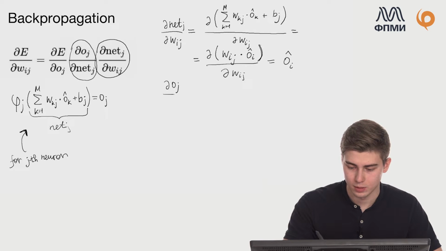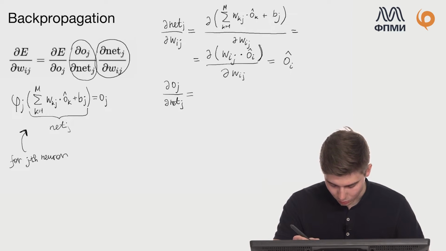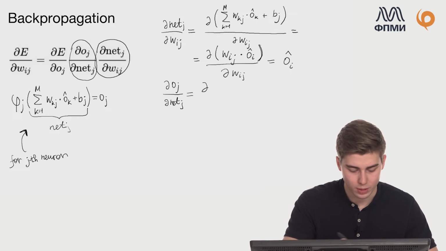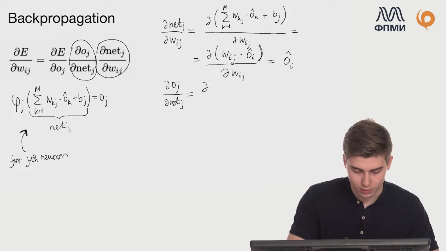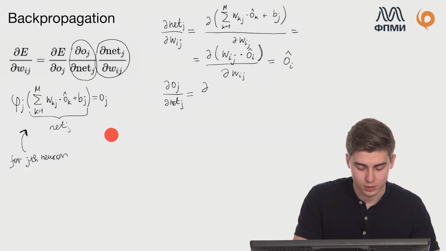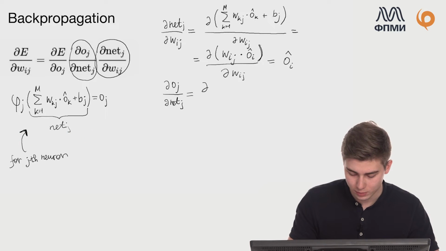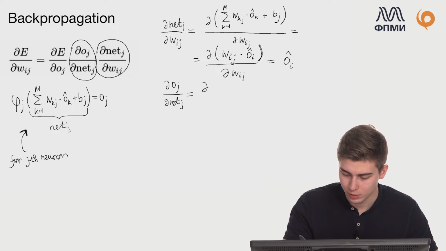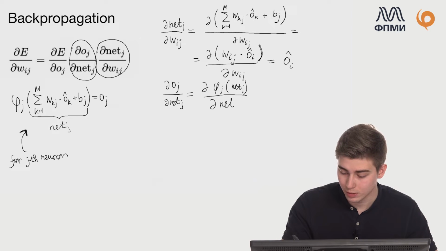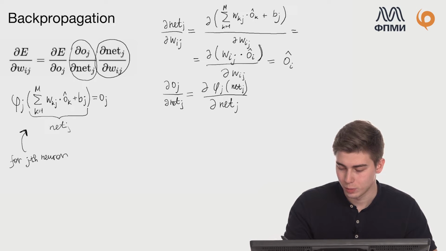Let's just write this, and now we have that Oj is equal to phi j applied to net j, and we can write the derivative of phi j applied to net j with respect to net j.